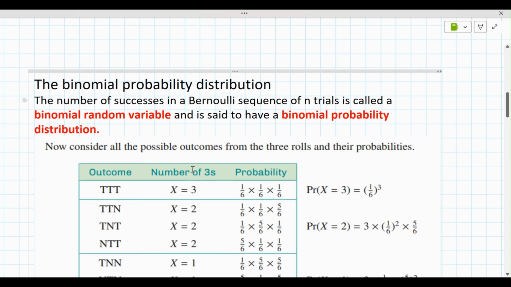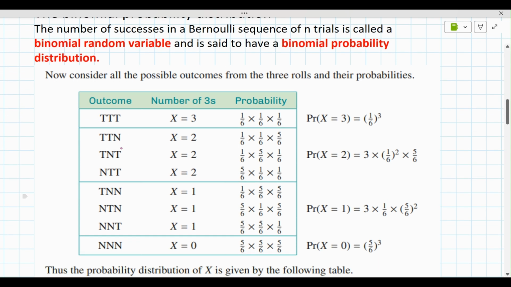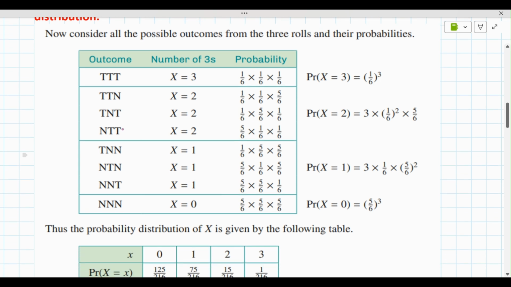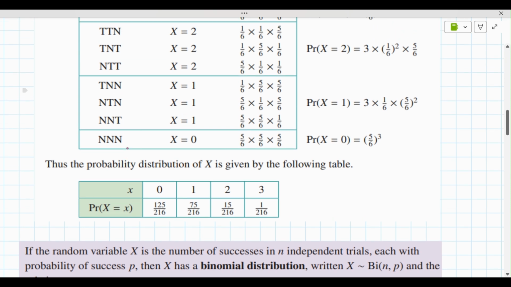Perfect. All right, so for the binomial probability distribution, we use a binomial random variable, which is the number of successes. First, the possible outcomes for rolling a die three times, where the outcomes T represent the number of threes.